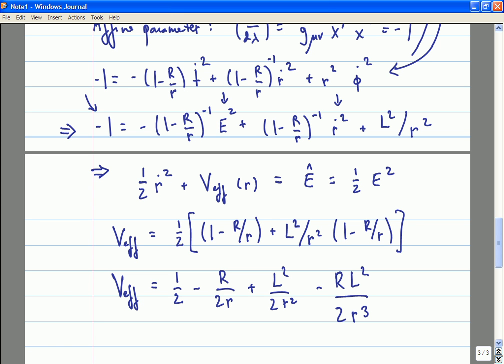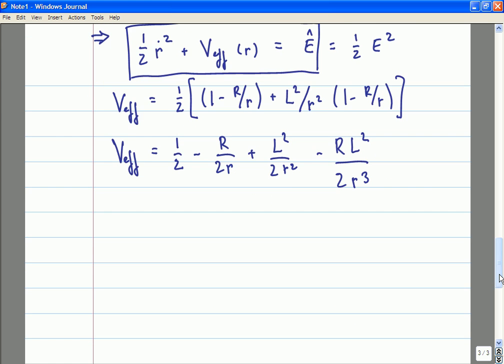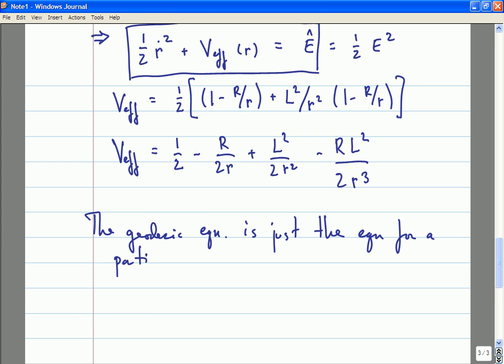This equation here is the equation for the conservation of energy of a particle moving in a potential. So the geodesic equation is just the equation for a particle moving in a one-dimensional potential.